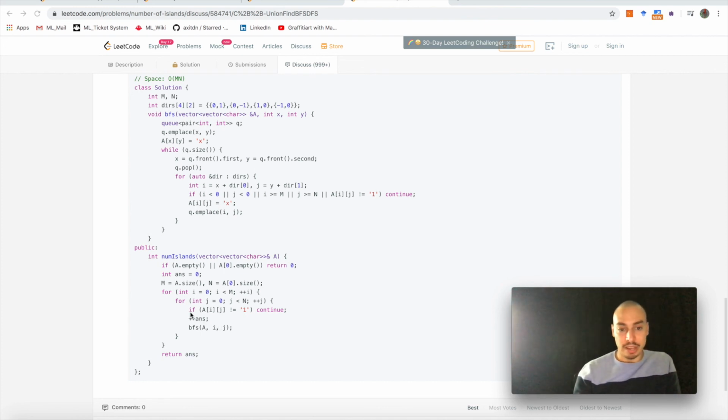So when an island has been flagged already, meaning the cell ij is unequal to 1, either it's water, so that's 0, or it's something different than 1. In our case it's flagged as x. Otherwise we have found a new island, and then we increase our answer. Whenever we hit a new island, we do our breadth first search, find all the neighbors on the island, and flag them as visited already. That's basically the whole magic behind it.